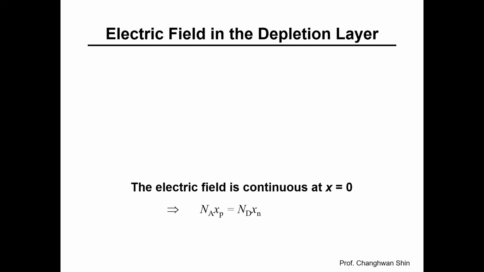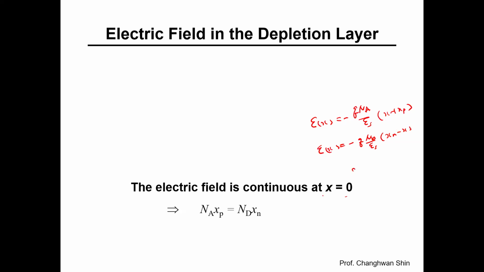From our previous slide, we have derived expressions for the electric field in both regions. On the P side, the electric field was q times N sub A divided by epsilon S times (x plus xP). And on the N side, the electric field was, I may not be super correct, but take a look at the details on the previous slide.